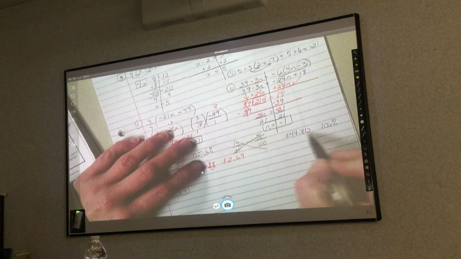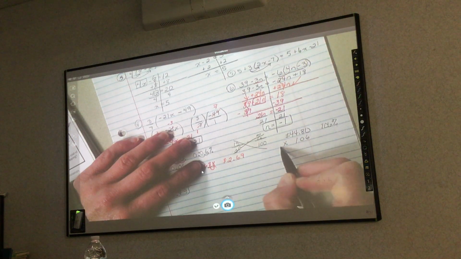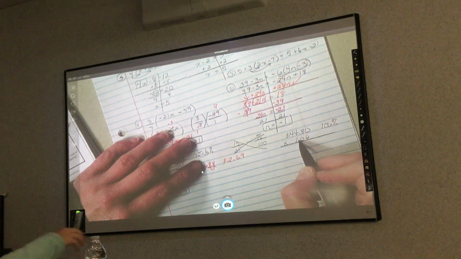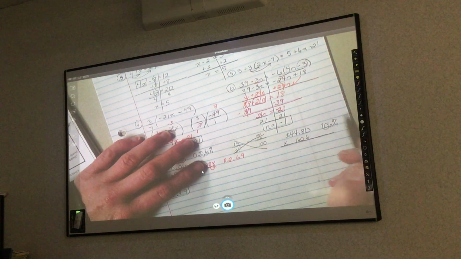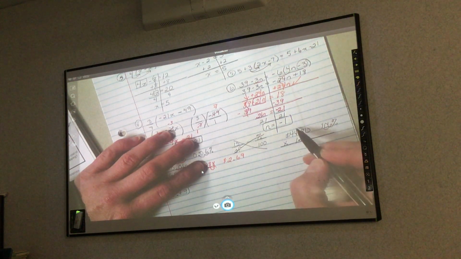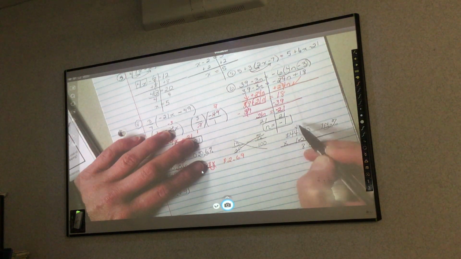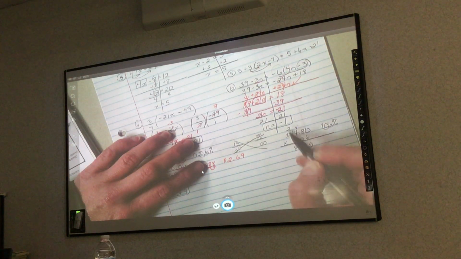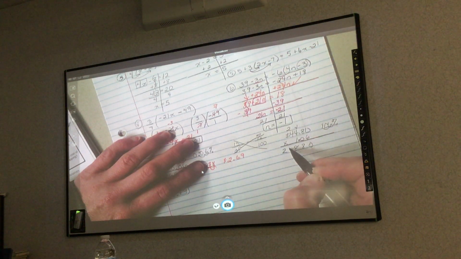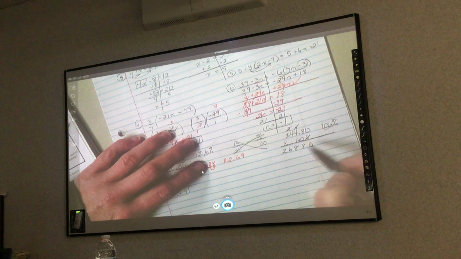So you can do this $44.80 times 1.06, I just made it a decimal. 6 times 0 is 0, 6 times 8 is 48, 24 plus 4 makes 28, 48. 24 plus 2 makes 26. Cross off what I've used. Do I need to multiply through by this 0?